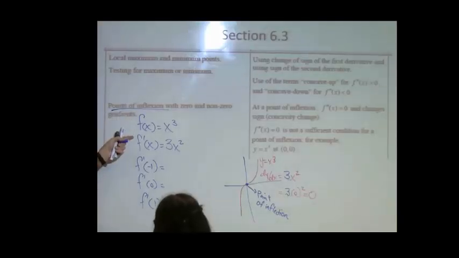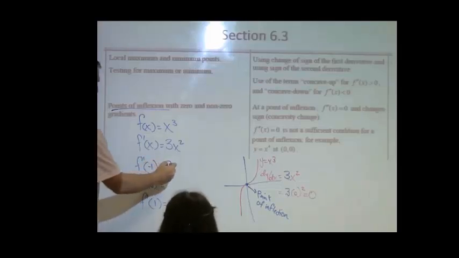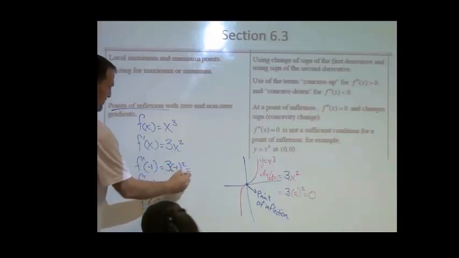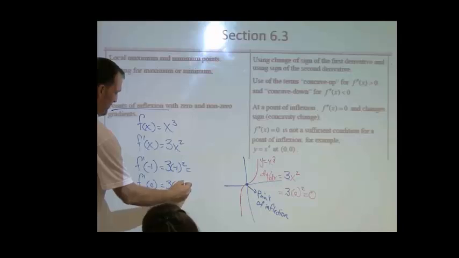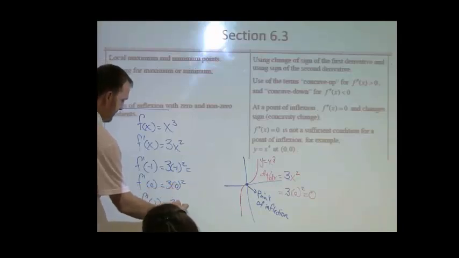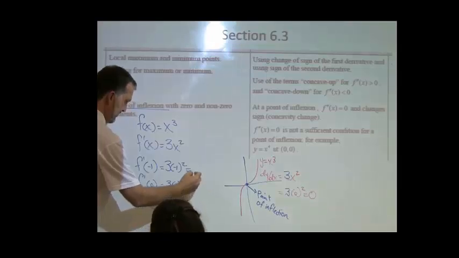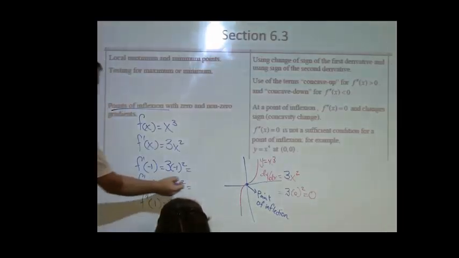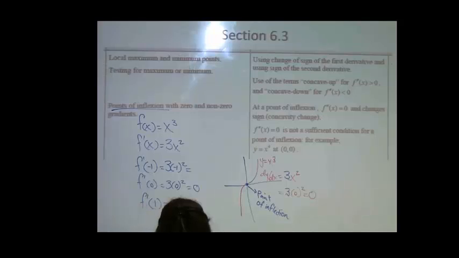So there's my function, there's its derivative. Now I'm going to use this change of sign test. I'm saying 3 times -1 squared, 3 times 0 squared, 3 times 1 squared. -1 squared is 1, times 3.